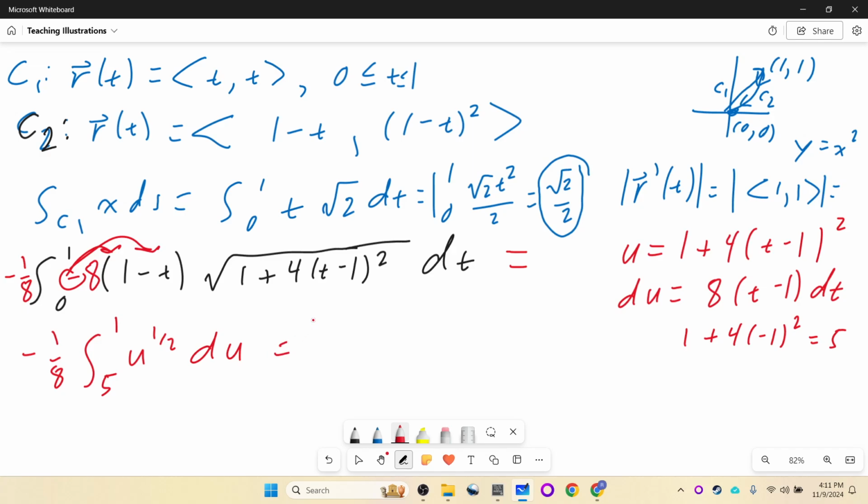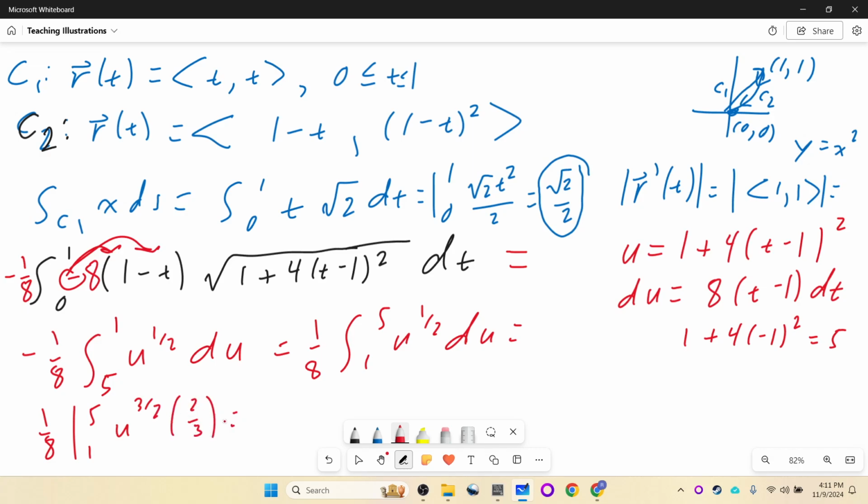So that can flip: 1/8, 1 to 5 of u to the 1/2 du, which will then be 1/8, 1 to 5 of u to the 3/2 times 2/3, which is, okay, 2/3, so that'd be 1 over 12, 5 to the 3/2 minus 1 to the 3/2.